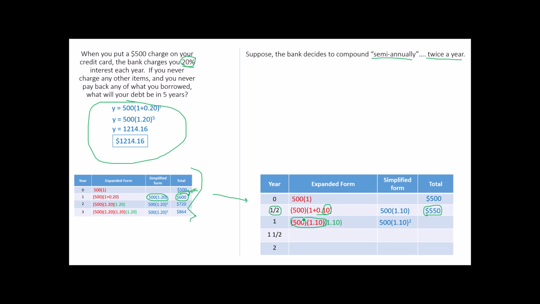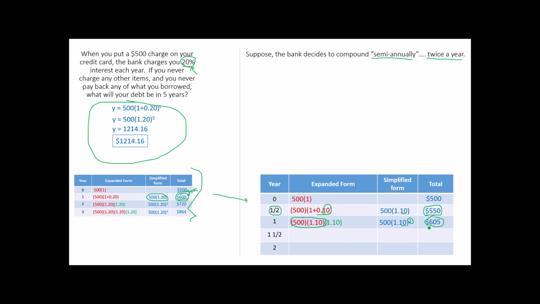In other words, instead of charging us 20%, they've charged us 10% for the first half and 10% for the second half, so they've charged us that 10% twice. But notice what happens. This is now $605. Over here, one whole year only raised it to $600.